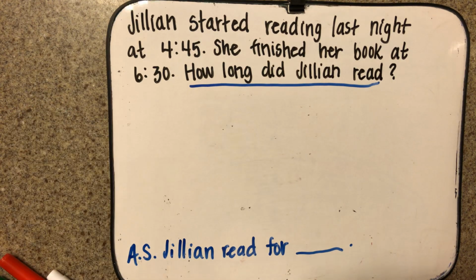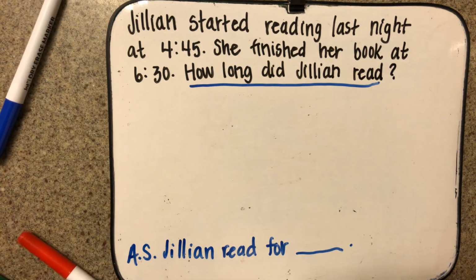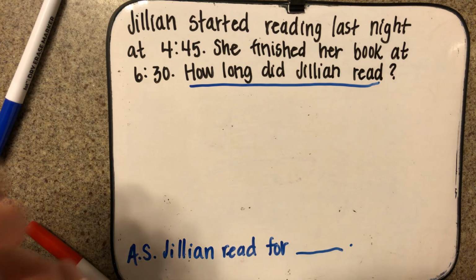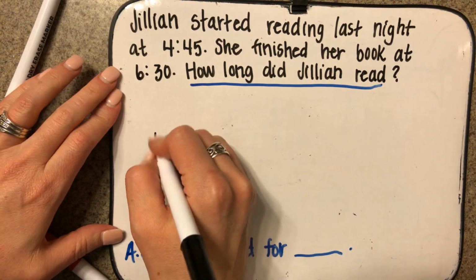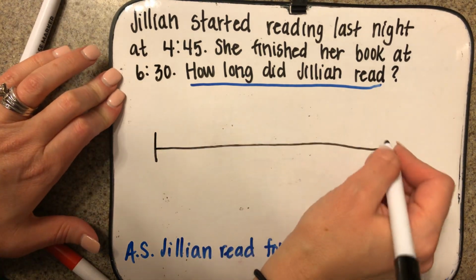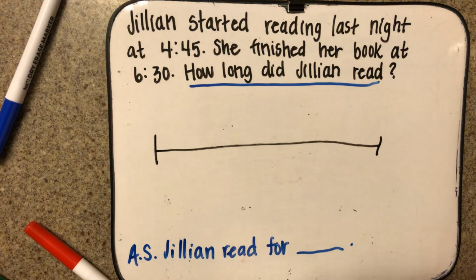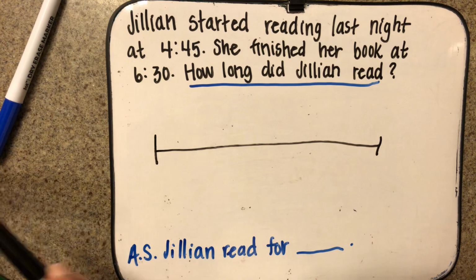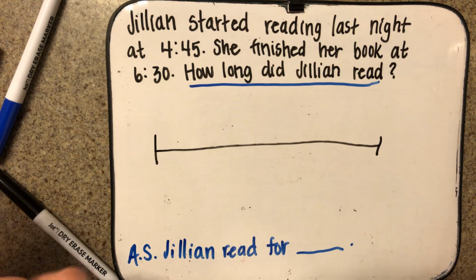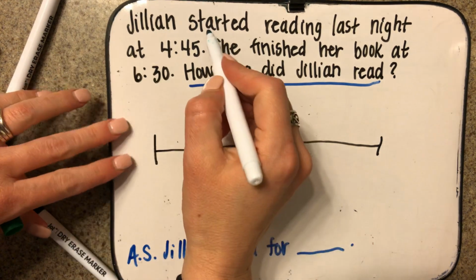So our next step is to draw our number line, okay? All right, so I'm going to go back in the problem and look for my start time to see if it's there. So I know that she started reading at 4:45.